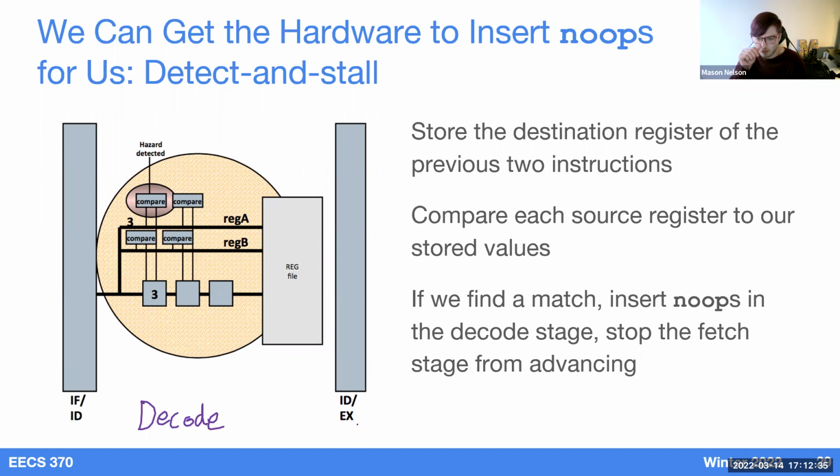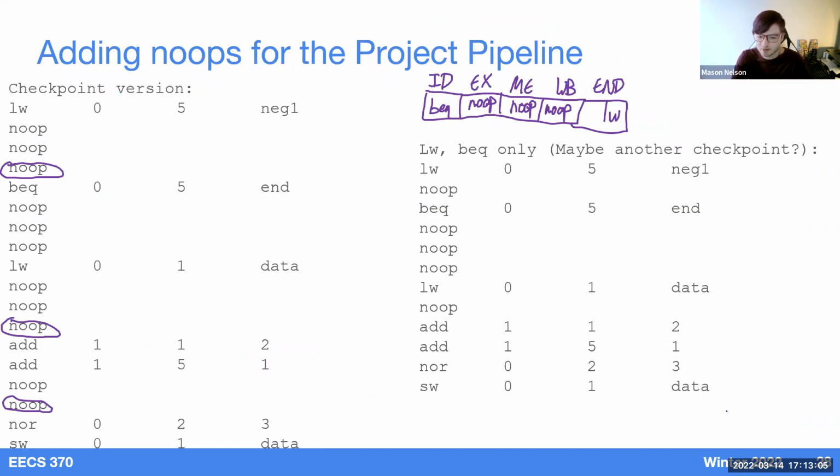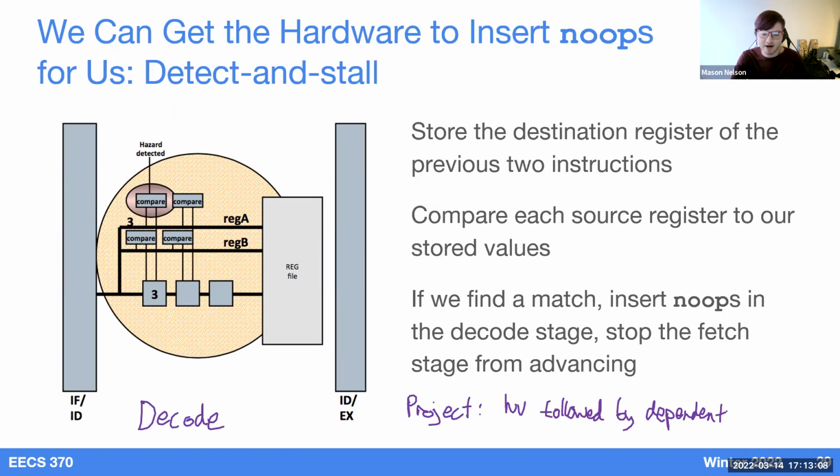And so we won't use this in the project generally. The one exception, so let me write this. The project will only use this for an LW immediately followed by a dependent. By dependent, I mean an instruction that reads whatever value the LW is writing to a register. But otherwise, we won't use this in the project. So for example, if we have an add instruction, our classic example of an add writing to register 3, and then immediately a NOR reading register 3.